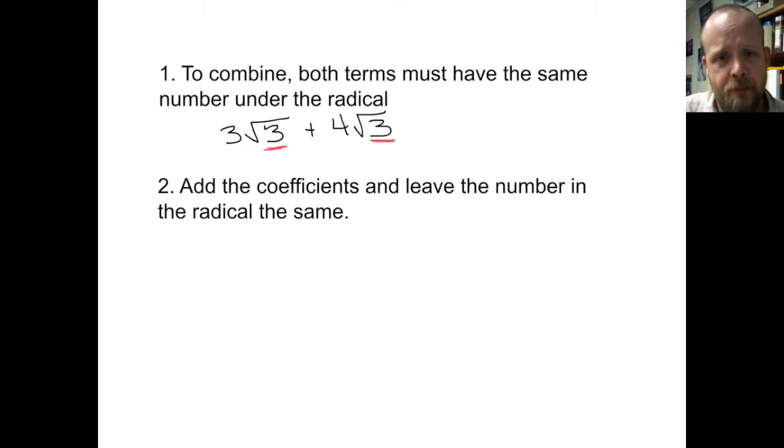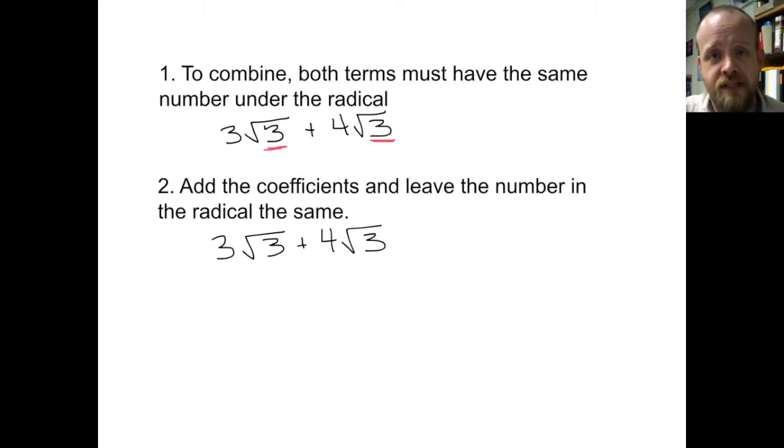So go back to our example. 3 radical 3 plus 4 radical 3. Well, we already said that the numbers under the radical are the same, so we have the square root of 3, so that matches. We've met condition 1. And our coefficients are 3 and 4. So we can add 3 and 4 to make 7, and we're going to leave the number under the radical the same, square root of 3.